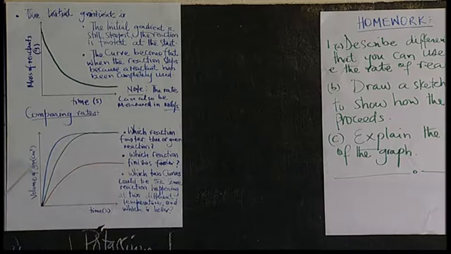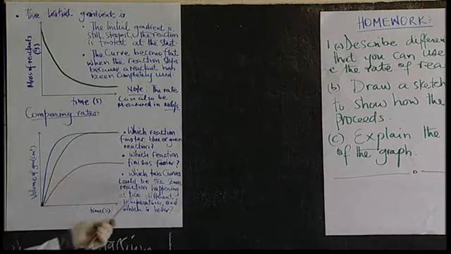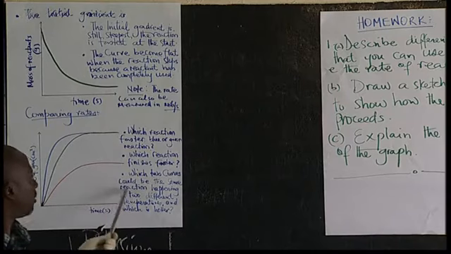So when you look at this, it is somehow obvious, this reaction is finishing faster than this one. And of course, this one is the one that finishes last. Which two curves could be the same reaction happening?